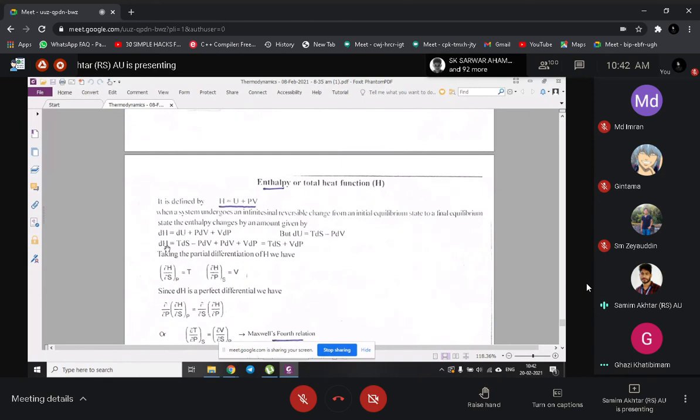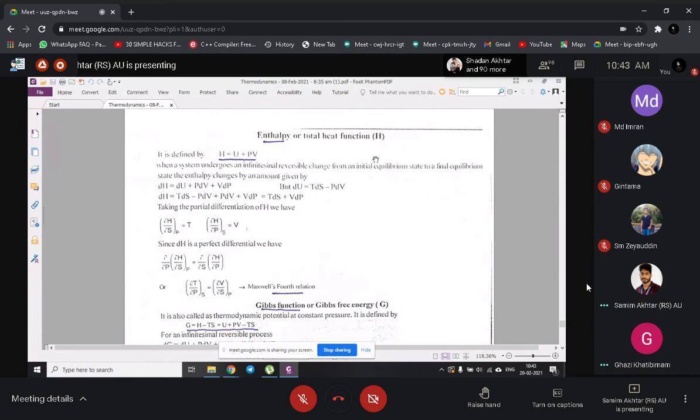Whenever you take the derivative with respect to S at constant pressure, that means dP is 0, so this term goes to 0. Then this gives T, and whenever you take the derivative at constant entropy, it gives V. So this is how to relate temperature and V in different parameters. This gives basically the Maxwell fourth relation.